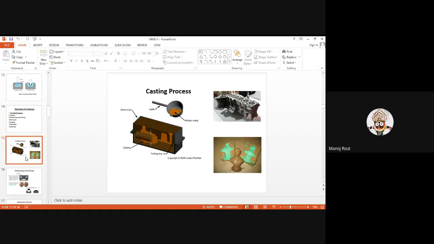In the figure on the left side, the molten metal in brown color is poured by the help of ladles directly inside the mold. The mold contains the initial replica or duplicate of that shape and size. After pouring, the liquid spreads to each and every corner according to the desired shape and size, and finally after solidification or cooling you get the desired product.